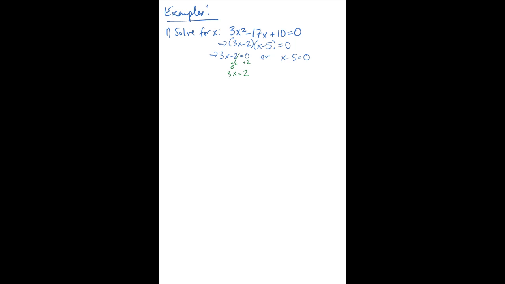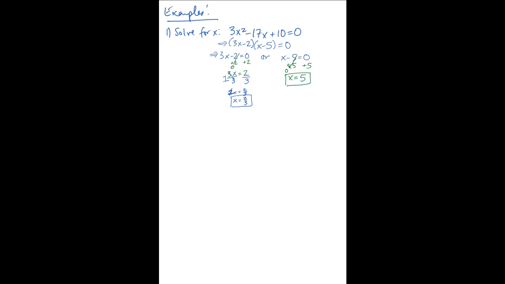The opposite of multiplying by 3 is dividing both sides by 3. 3 divided by 3 is 1, so now I get 1x equals 2/3, and 1x is just x, so x equals 2/3. That's one possible solution. The other possible solution is to add 5 to each side, so we get x equals 5.